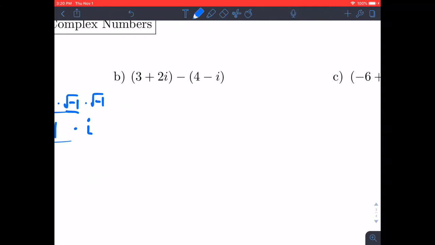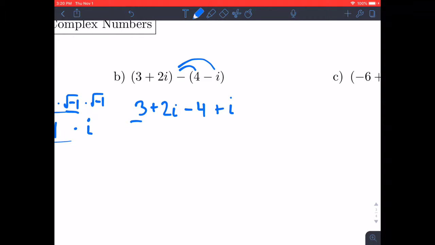On to B. Don't FOIL this one. We have subtraction in the middle. A common mistake is people just start FOILing, and then you end up with too many terms. But this is just subtraction across here. So we really just have 3 plus 2i minus 4 and minus a -i, so plus i.